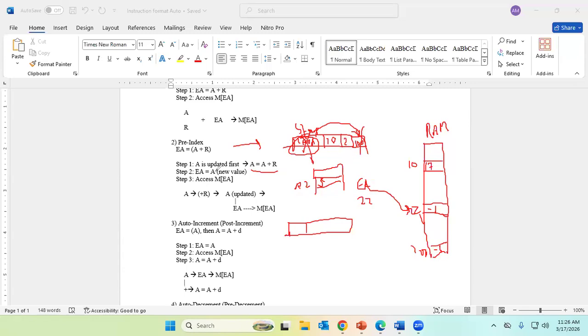Most important here, we were just resolving the effective address. But what do we do with the number within the effective address? It is decided by the opcode. So here I'm going to leave the opcode for a minute, and then finally I make sense out of it and say what it is. So what do we have here? We have an A. A is a number, a memory address. Let's say 10 again.